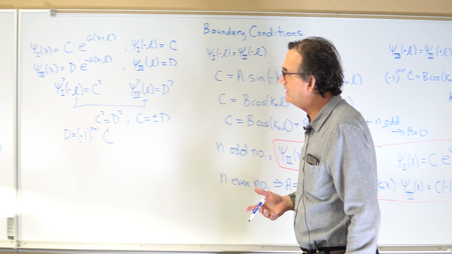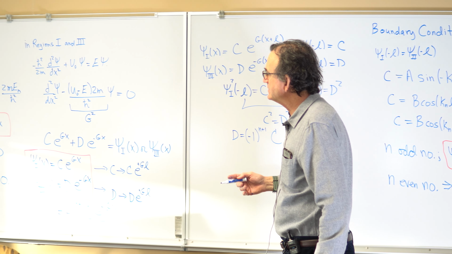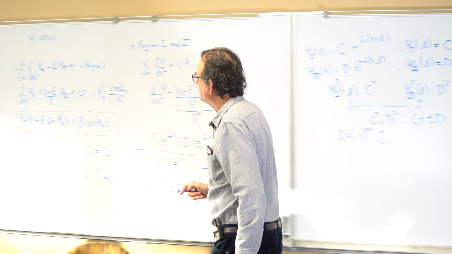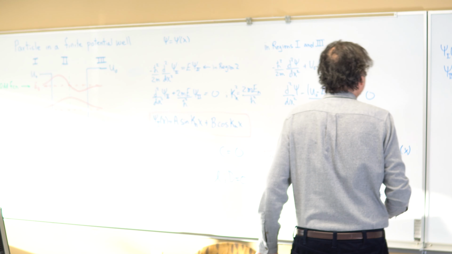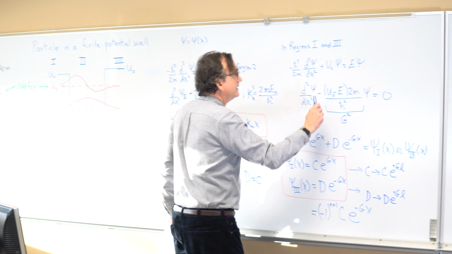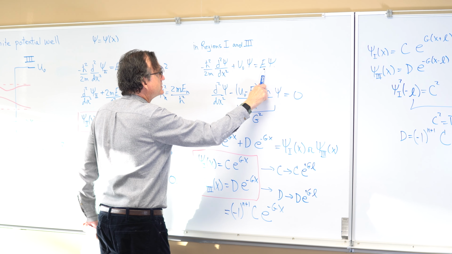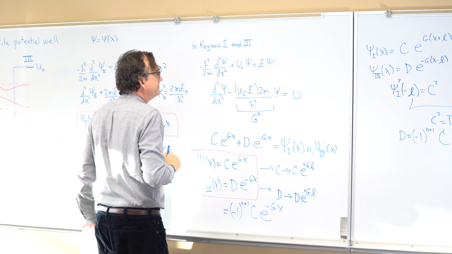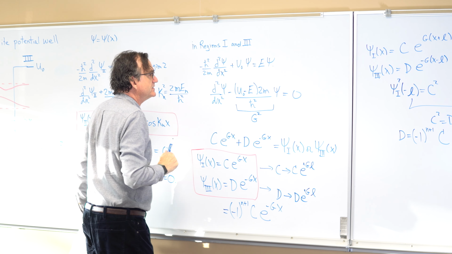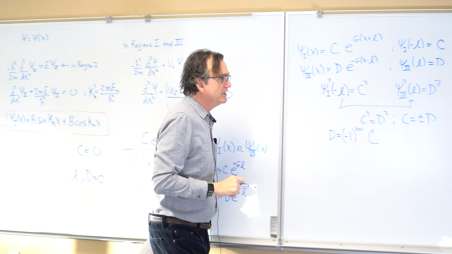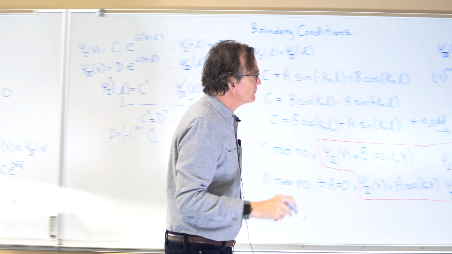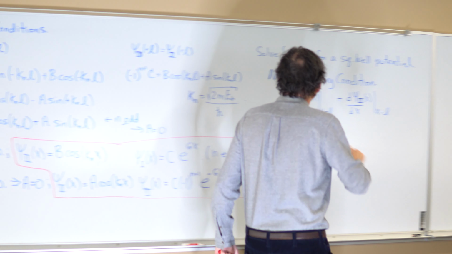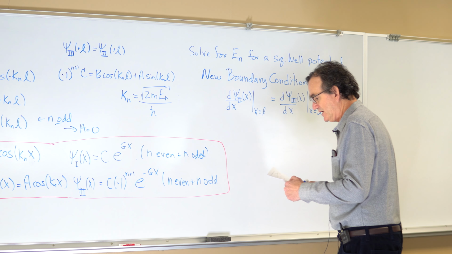But furthermore, looking at the equation that we have up here, if u0 is finite and e is finite, then the second derivative must also be finite. And the only way that can be finite is if the first derivative is continuous. So the new boundary condition is given by this scenario right here.